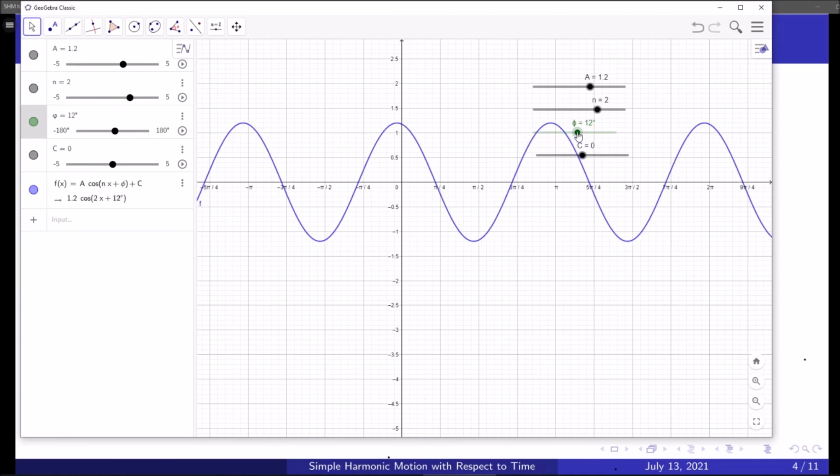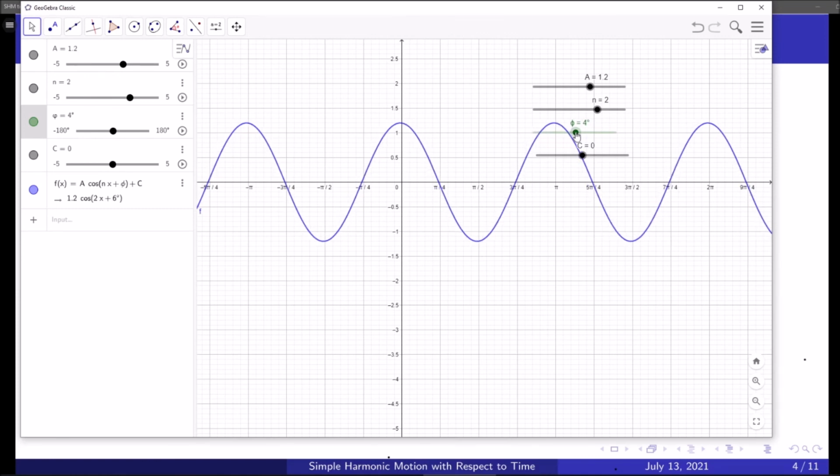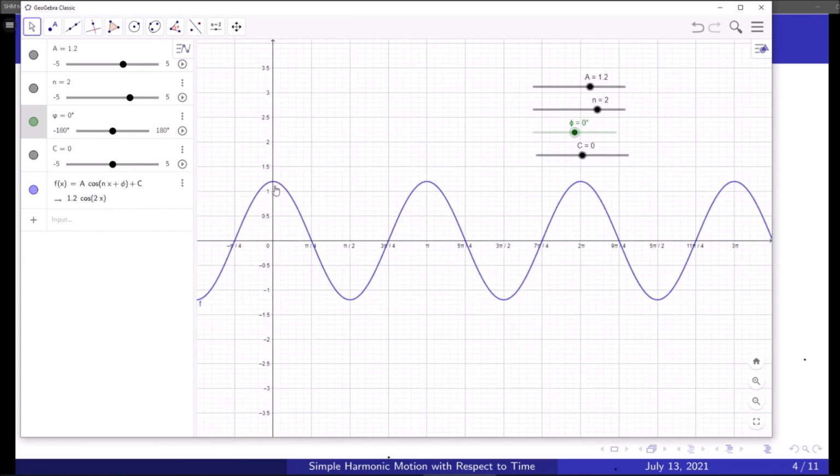As you can see here, this is the cosine wave, and in the distance of 2 pi, it completes 2 cycles.